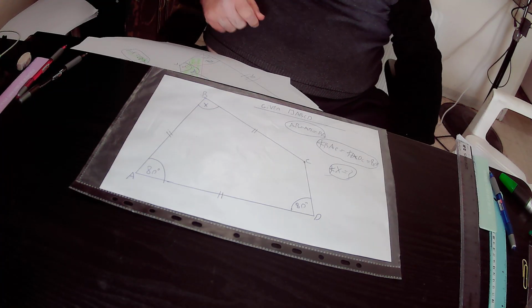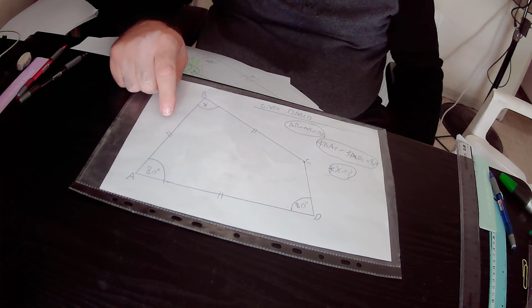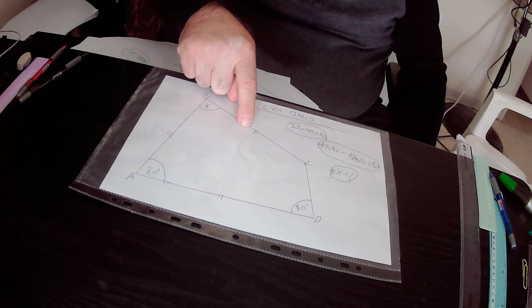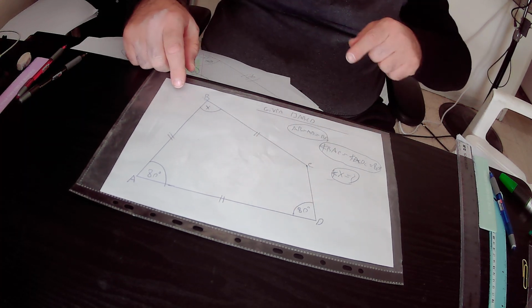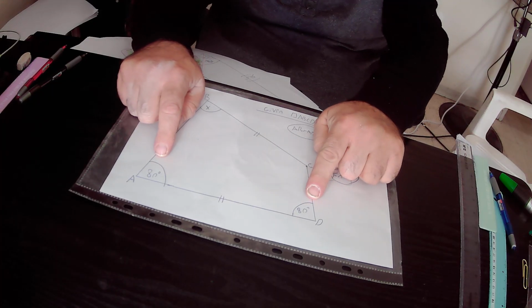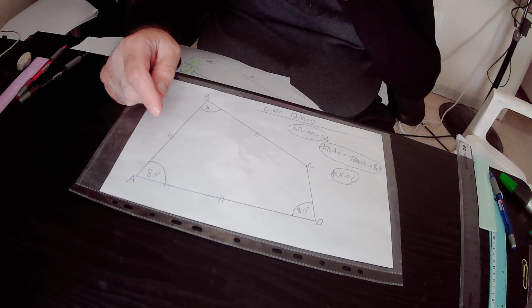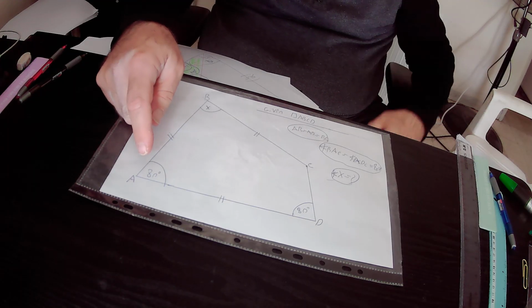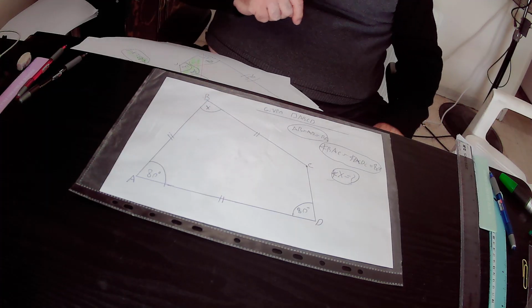We have quadrilateral ABCD. We know that AB equals BC equals AD. Those two angles are both equal to 80 degrees. Again, our task is to find the size of angle ABC, equal to x degrees.